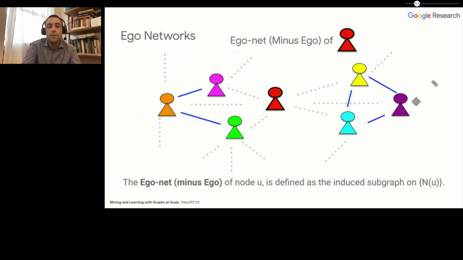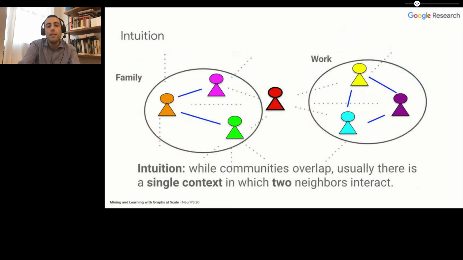The reason is that by looking at this graph, it may be much simpler to disentangle the communities to which the node belongs. Like in this toy example, you can easily see that there are two disjoint subgraphs. So even a connected component will be able to identify the family and the work community of this node. While if you look at the entire graph, these two communities are very well connected because there are many connections between them.